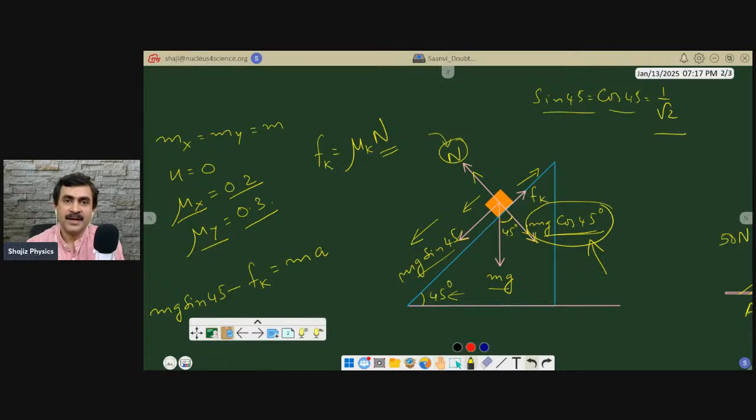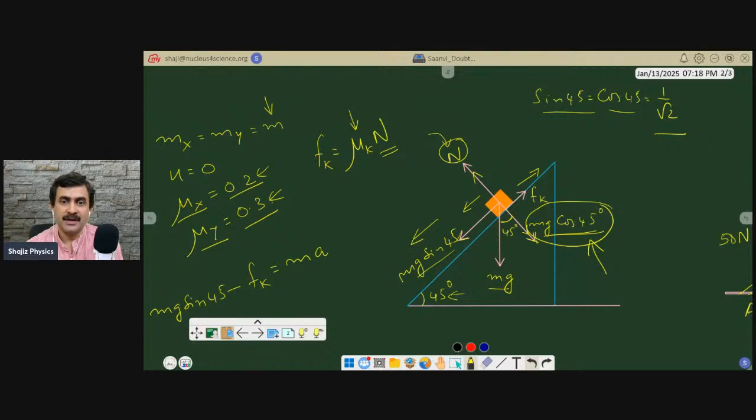Second, Fk is equal to mu k into N, that means the coefficient of friction into normal reaction. Here the coefficient of friction we know for both x and y, that is 0.2 and 0.3. Similarly, normal reaction is mg cos 45. And m is the same for both the boxes, so we need not bother about it. And cos 45 is the same for both.